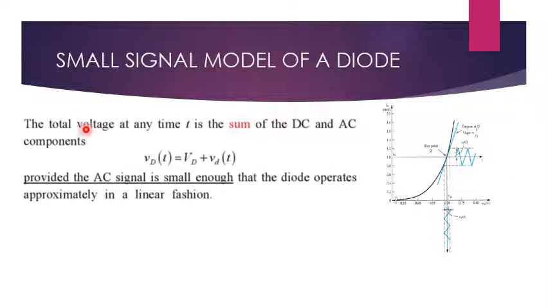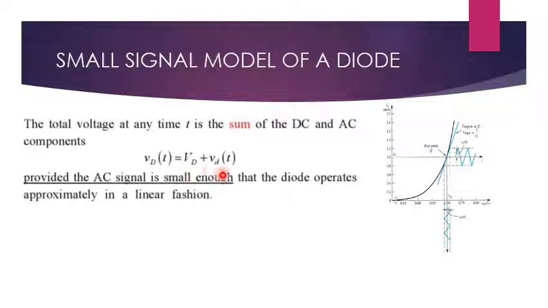Now, the total voltage at any time t is the sum of the DC and AC components. This we all know, right? Because we have given two sources: one is the small signal, small vd of t, and another one is the bias voltage.